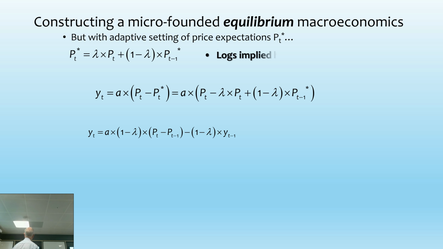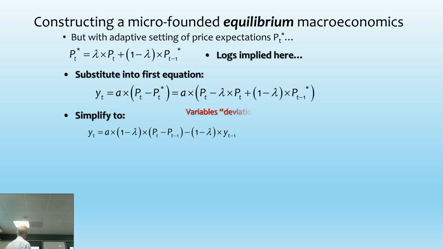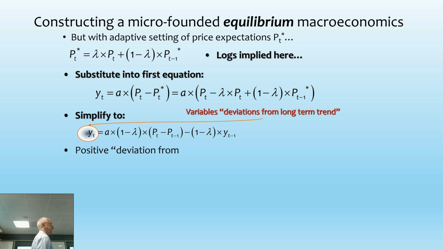This is logs, of course, simplified to that factor. And with the deviations from long-term trend, you can get a permanent deviation from long-term trend if expected inflation is lower than actual inflation.